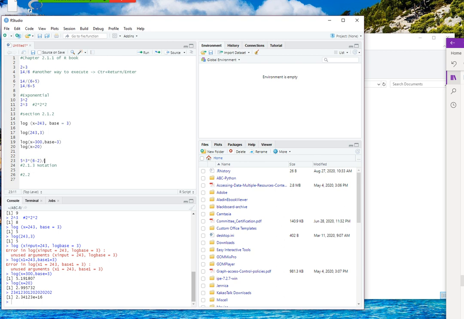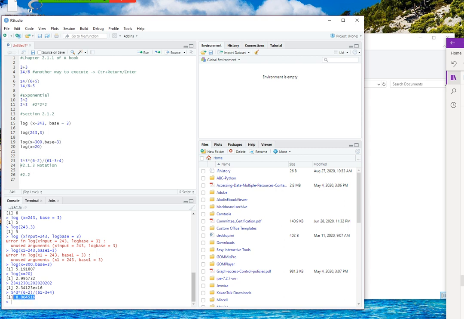Then another parenthesis. When you have an open parenthesis, you must have the close parenthesis. I believe the number was 61 minus 3, and then plus 4. And then run. Okay, so that's the right answer.